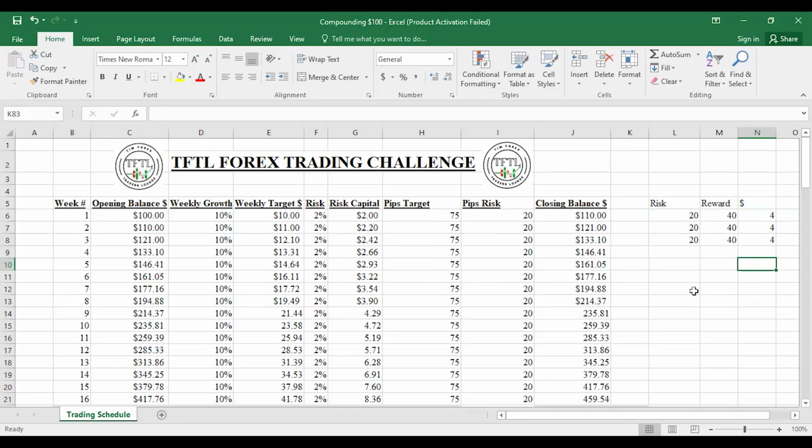And remember, when I say A plus setup, we mean a high quality setup. If there is one condition that doesn't confirm in your setup, that is not an A plus setup, and therefore you need to avoid taking that trade.